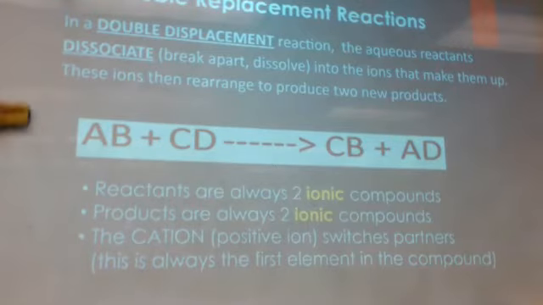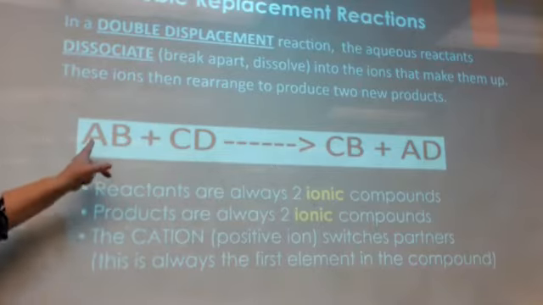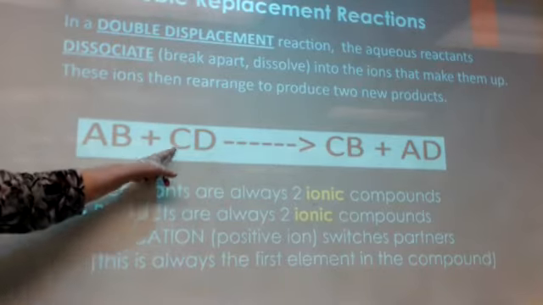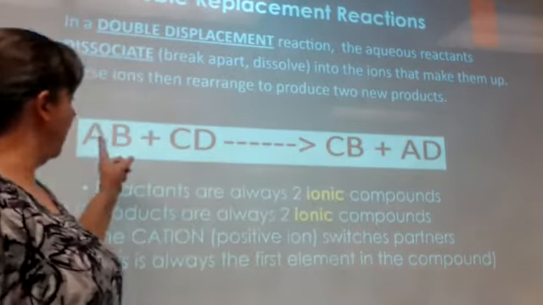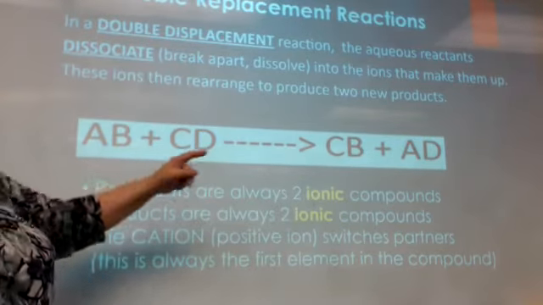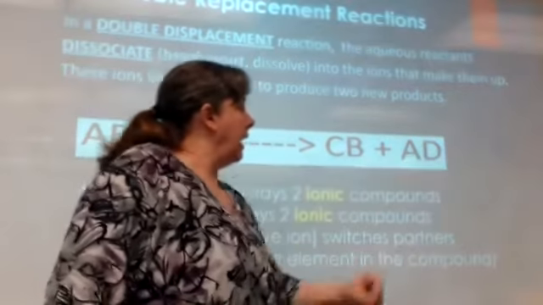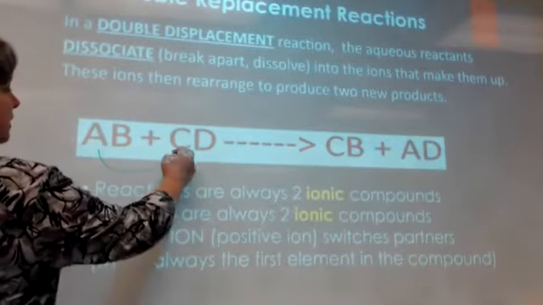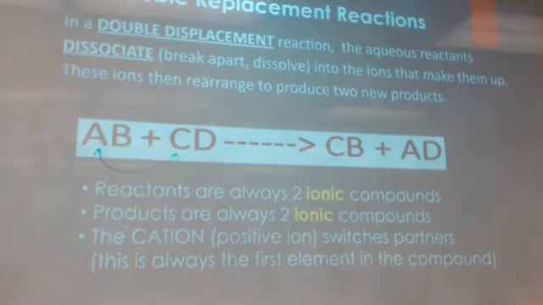So you may notice in this that you can see that A and C have switched places. Instead of A being with B, now C is with B and A is with D. So essentially, in a double replacement reaction, your 2 positive ions trade partners.